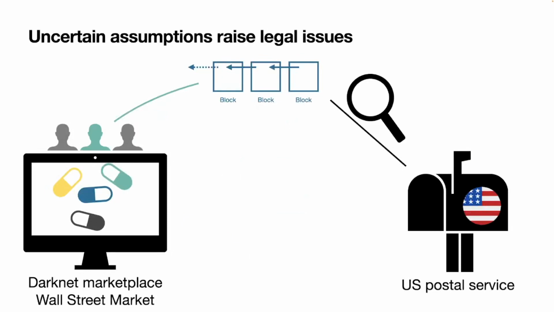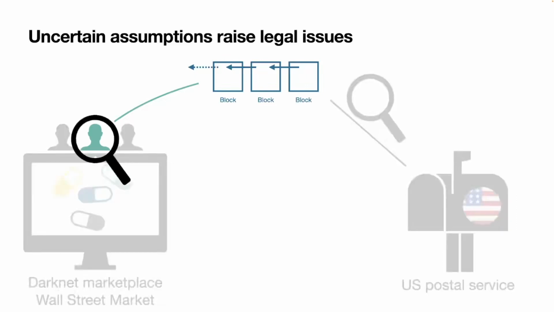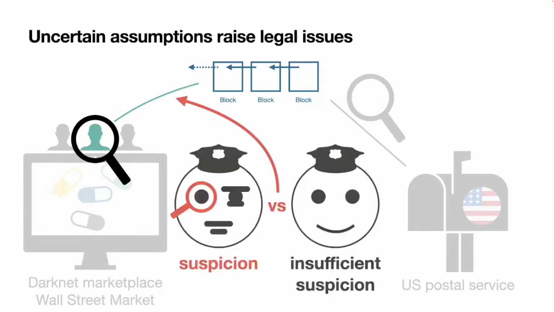And if we go back to our example of the Wall Street Market, the question is, if we want to conduct further investigative measures against the operator identified by the blockchain analysis, whether this identification actually establishes the required suspicion for those further investigations or not.